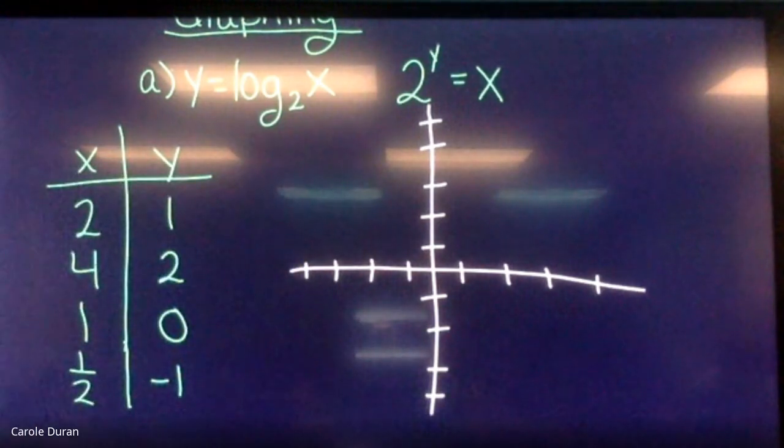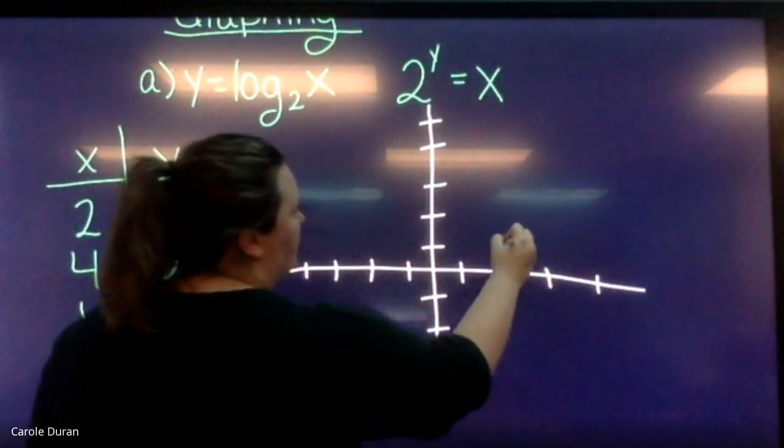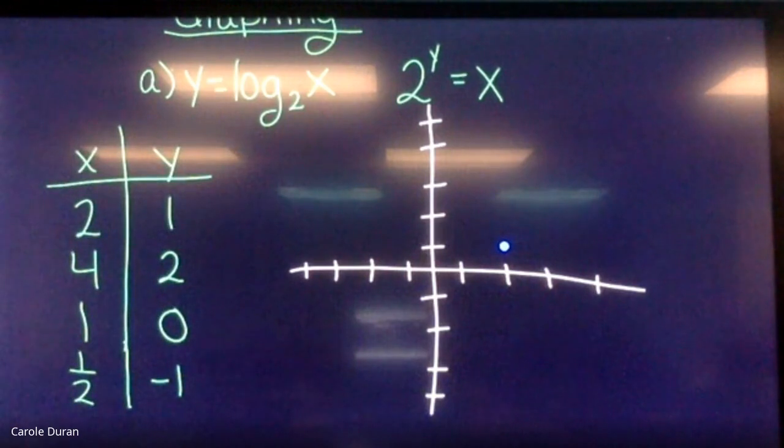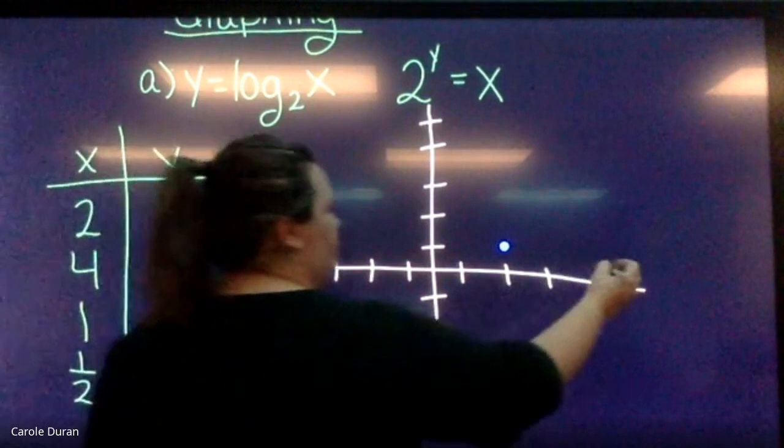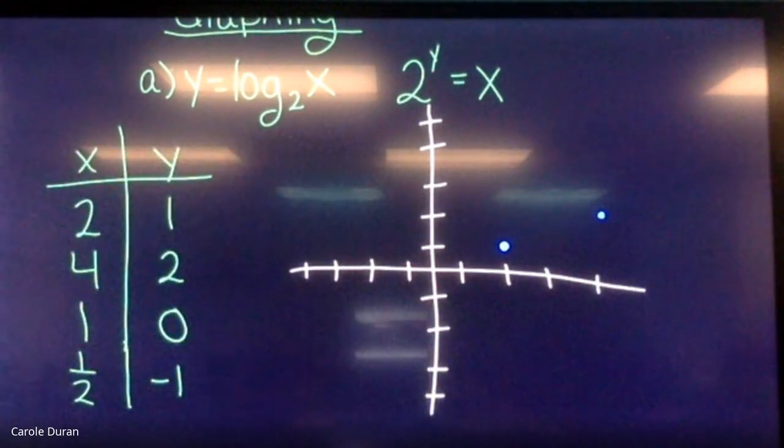So we're going to start with the first point, which is (2, 1). I'm going to go ahead and put that one on here. My second point was (4, 2). My third point was (1, 0).